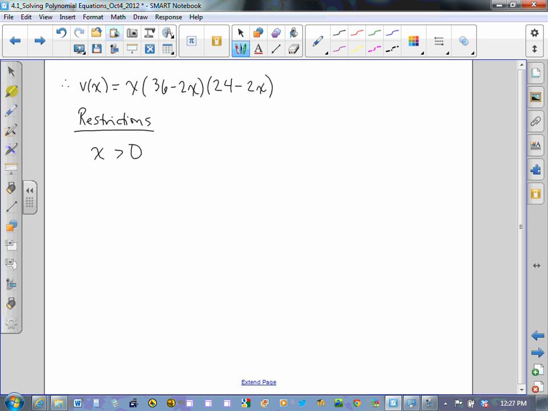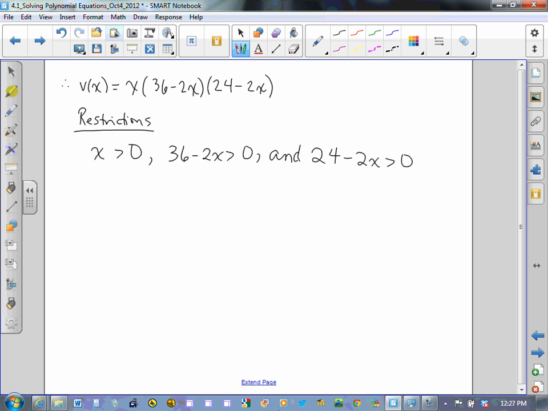Okay, we're talking about a length, so its magnitude has to be positive. I think it also makes sense to say that any of the other dimensions, right? This would have to be positive, and this dimension needs to be larger than 0 or positive.